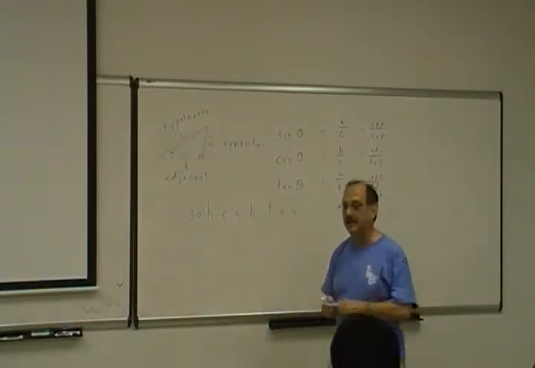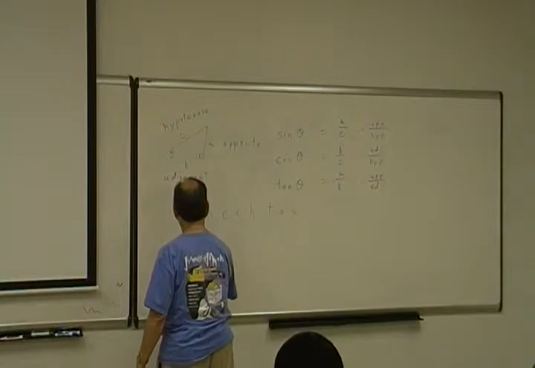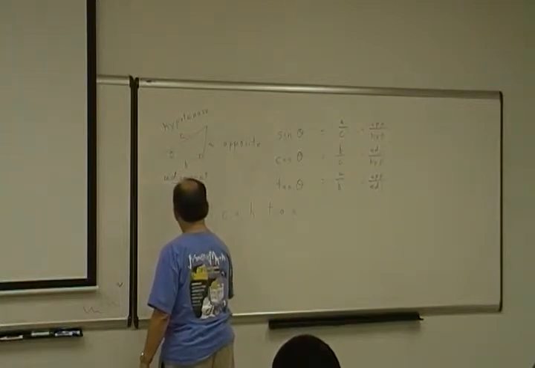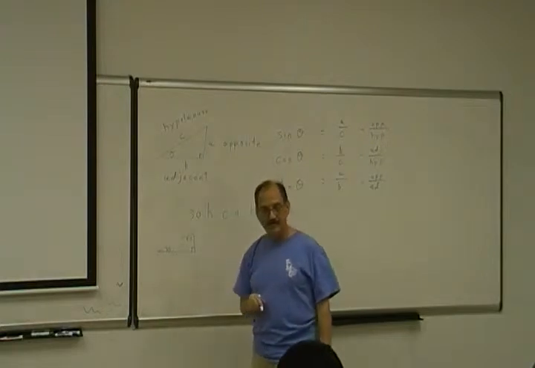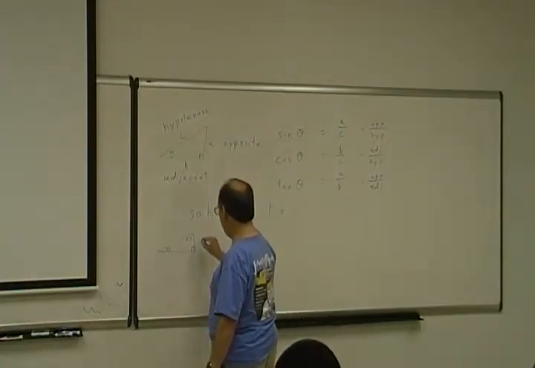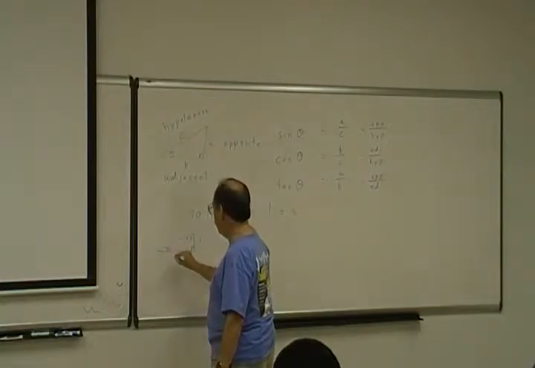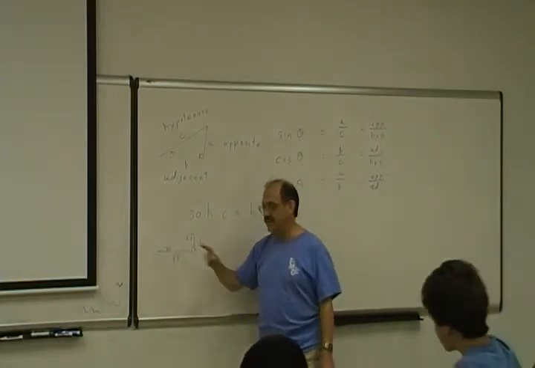Let's look at a concrete example. This triangle is a 30, 60, 90 degree triangle. If this side is 1 and this side is the square root of 3, what does Pythagoras say about the third side?